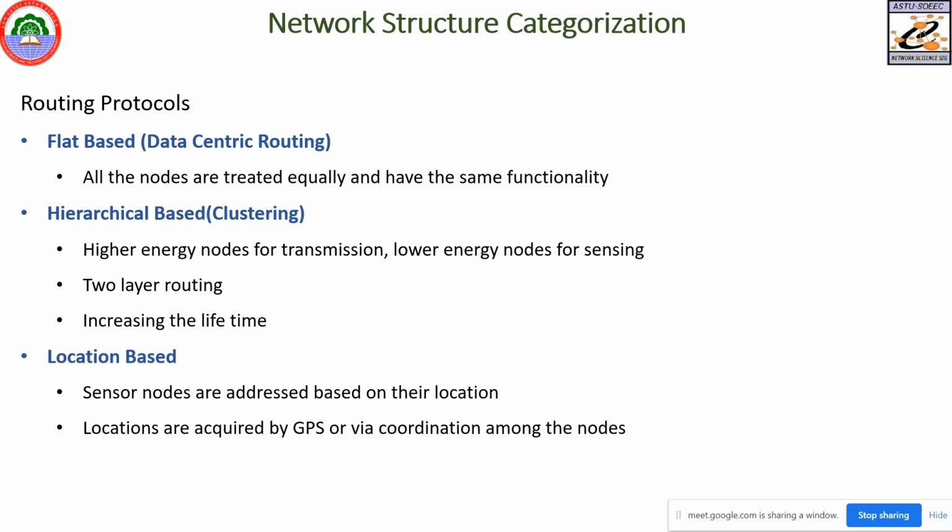So how are we going to choose? Let us assume that a particular node is identified with a specific address called an IP address. With that IP address, it is going to send that information. Especially for data centric routing, these flat based routing protocols need some kind of identification or addressing mechanism, which means each and every node has a specific address associated with it, like an IP address.